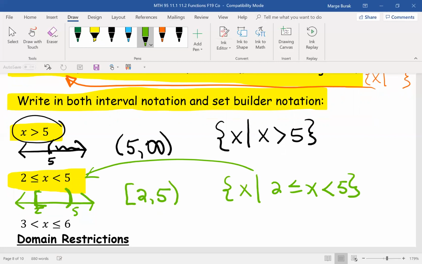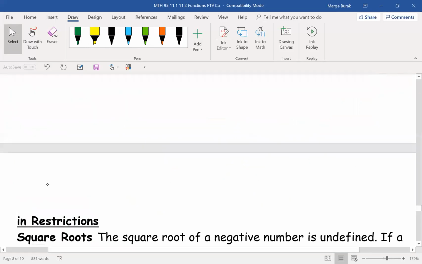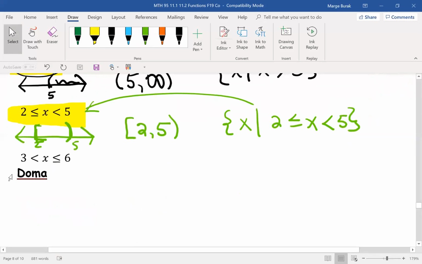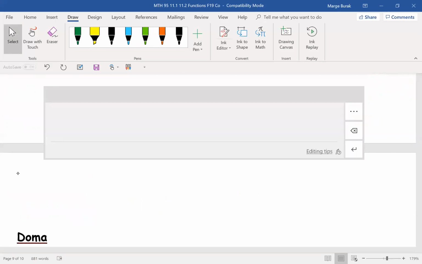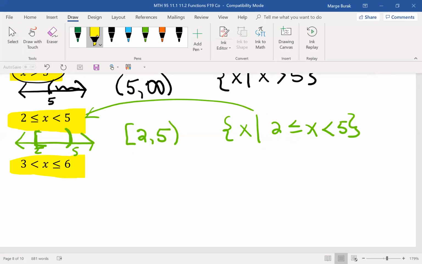Okay, and one more. We're running out of a little room here. Okay, so let's go from greater than 3, less than or equal to 6.